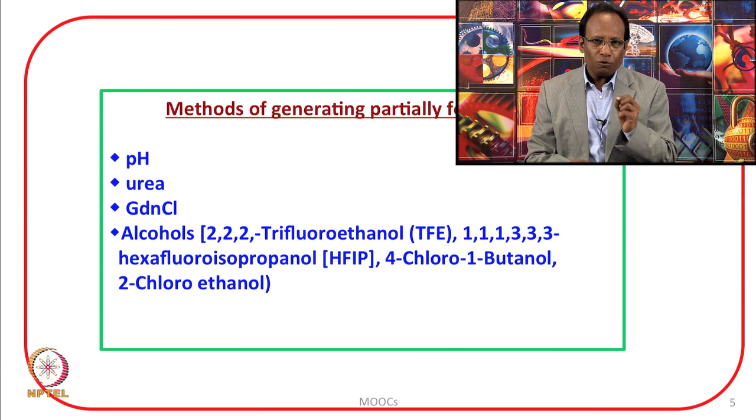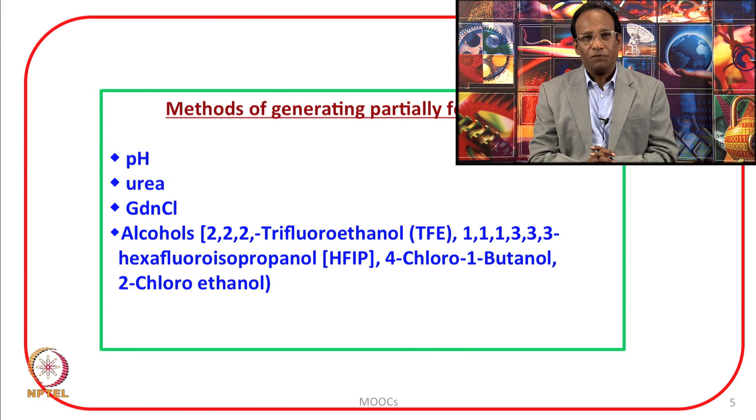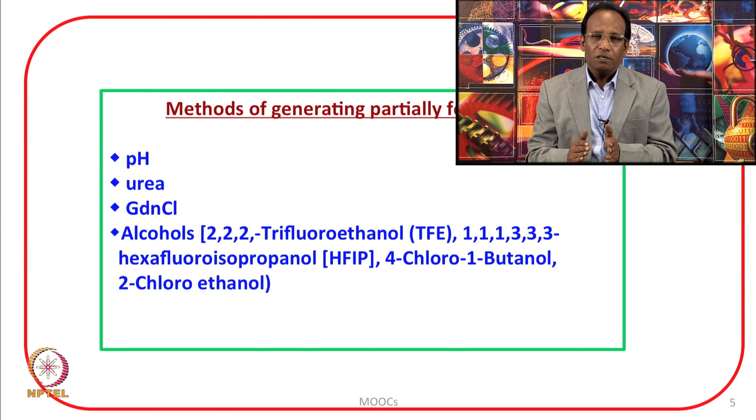This trifluoro group or hexafluoro group actually acts as a hydrophobic group, and what has been observed in literature is that at certain concentration of TFE and HFIP, the tertiary structure of a protein is lost and the secondary structure of the selected proteins remains intact.